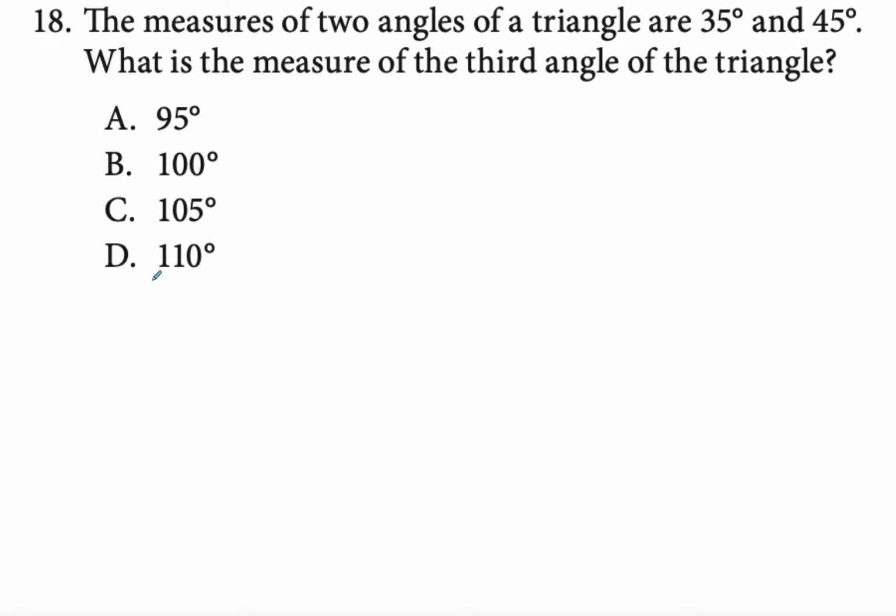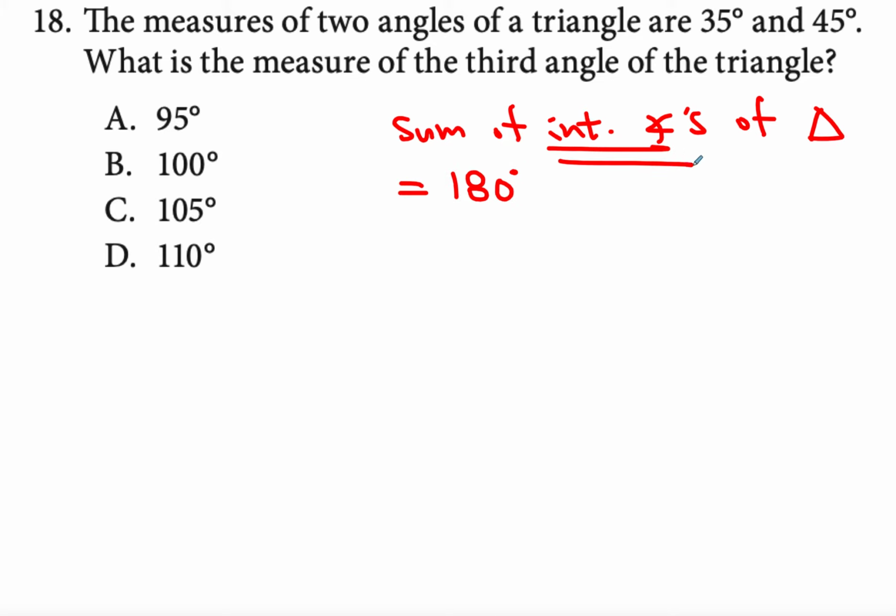Number 18. The measures of 2 angles of the triangle are 35 and 45. Now we have to realize, what is the sum of interior angles of a triangle? That's always equal to 180. That's for the interior angles.